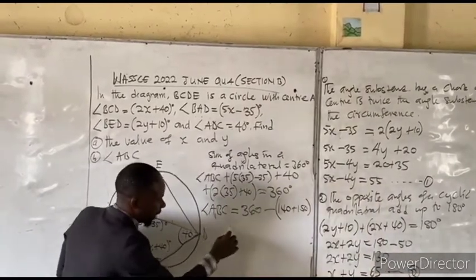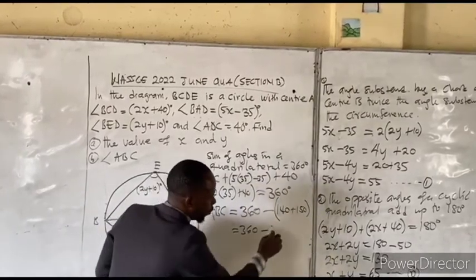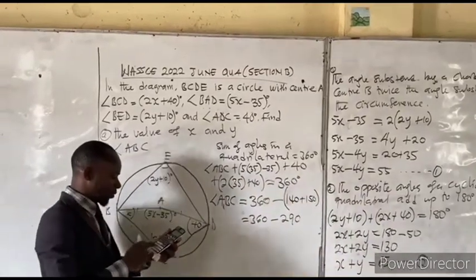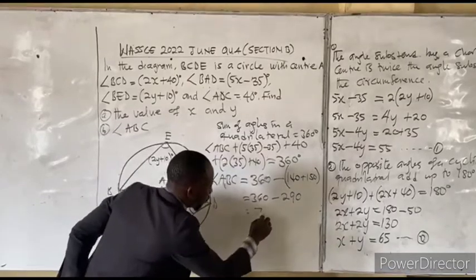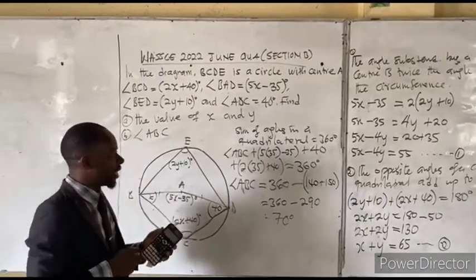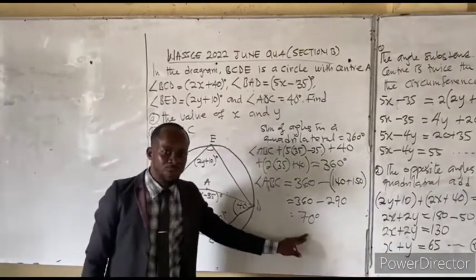So fast forward, this angle is going to be 360 minus 290, and that will equal 70 degrees. So per this question, the angle ABC is going to be 70 degrees.